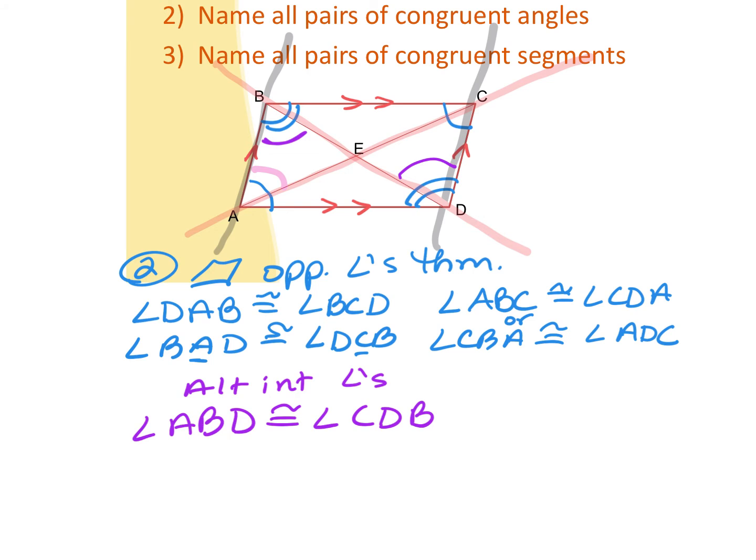Let me get a different color here. So this angle, I can name this one as angle BAE or BAC, either way. I'm going to go all the way to the edge. And then also angle DCA. Now what I'm going to do is talk about the other pair of parallel sides, which are here.